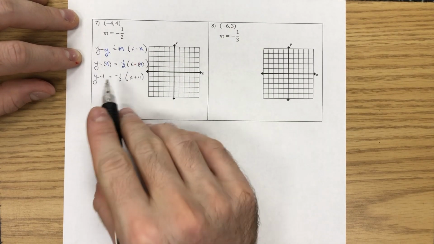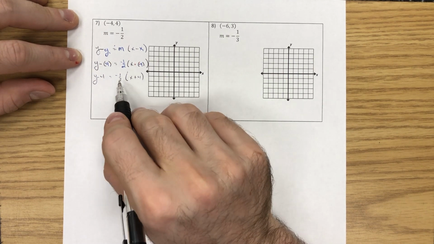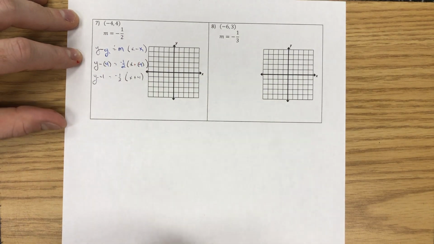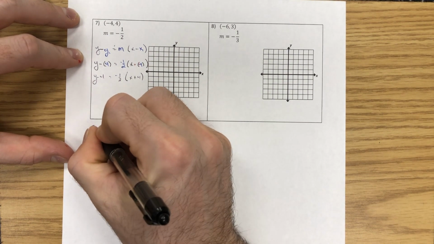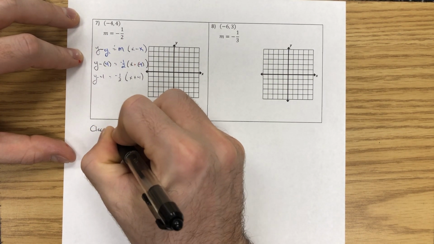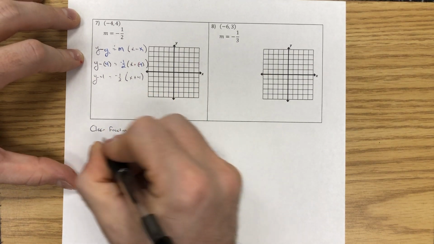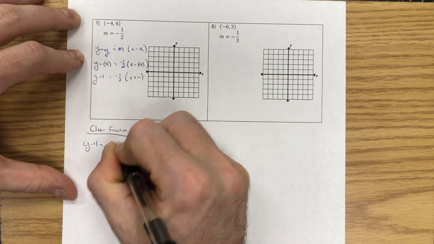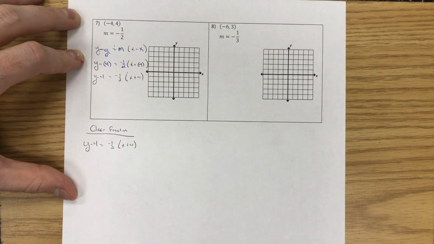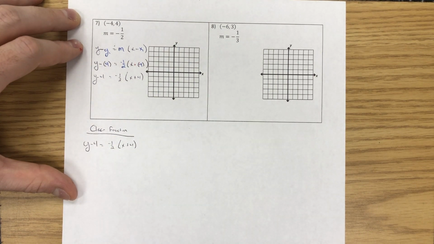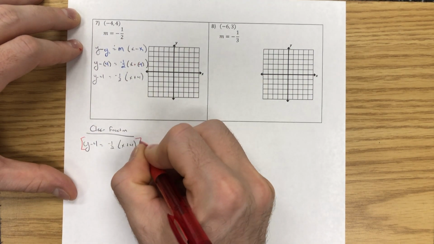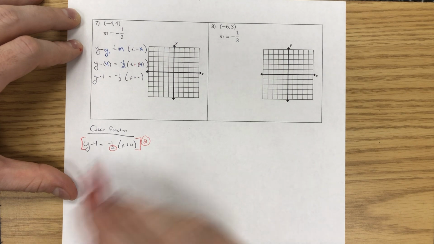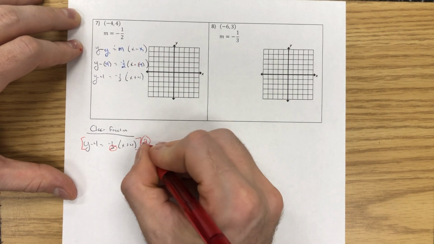And now, most of us look at this one of two ways. We say, hey, I have a fraction. I could possibly want to clear the fraction, which would mean I would have a couple steps left. So y minus 4 is equal to negative 1/2 x plus 4. And remember, the way that we clear a fraction is we take the entire equation and multiply it by the denominator, 2, so that these cancel out.